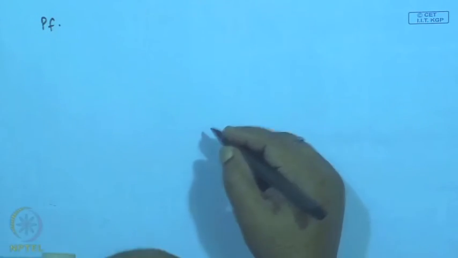Proof: suppose no point of K is a limit point of E.